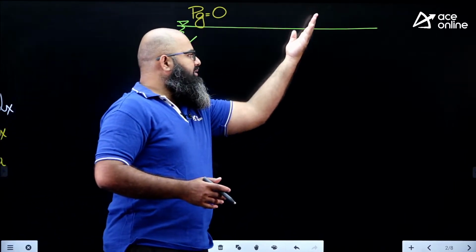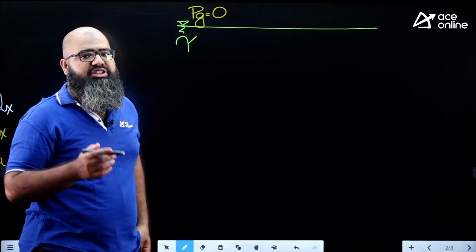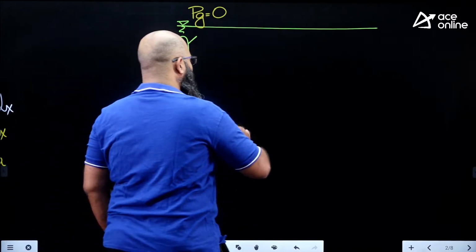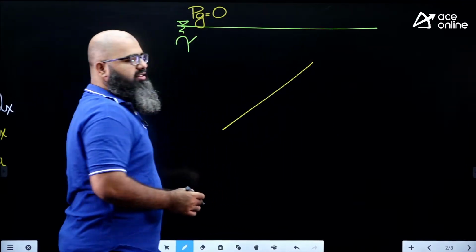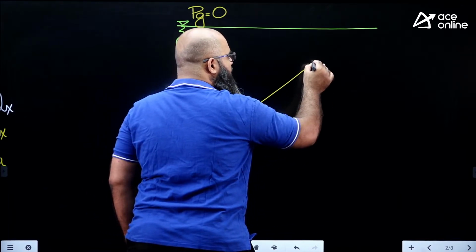When the plate is submerged inside this fluid, in the front view you are not able to see the actual shape of the plate. You are only able to see a line something like this, which represents the front view of the plate.